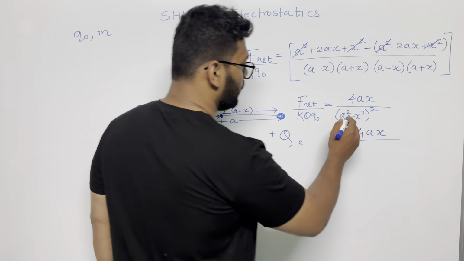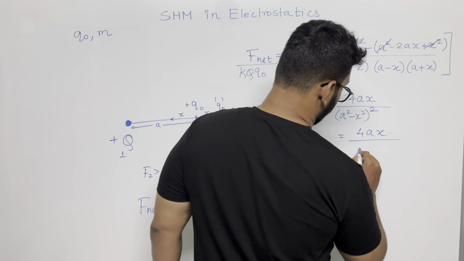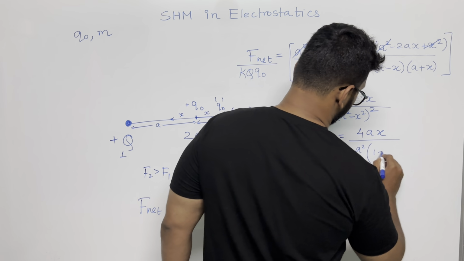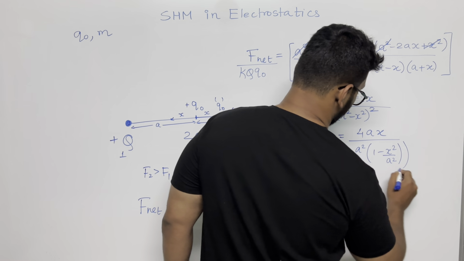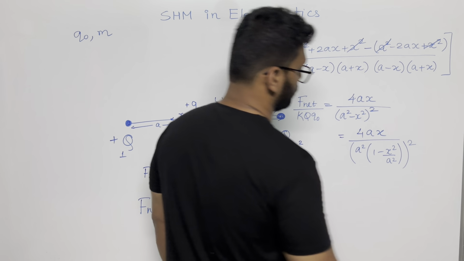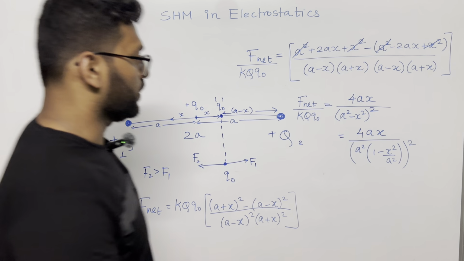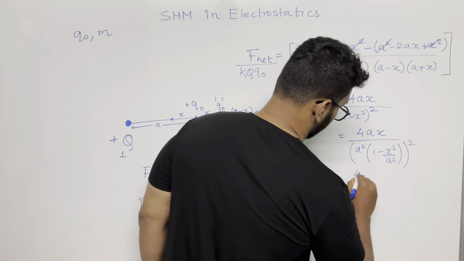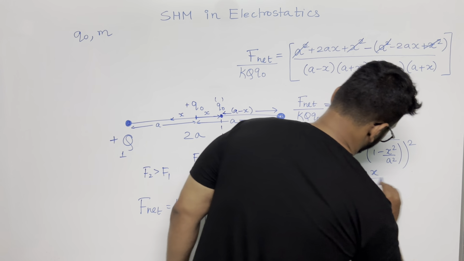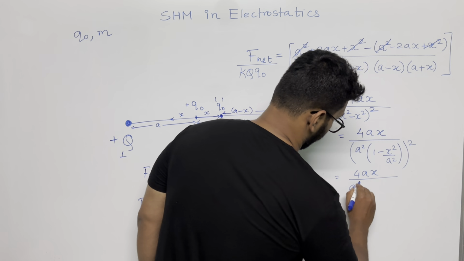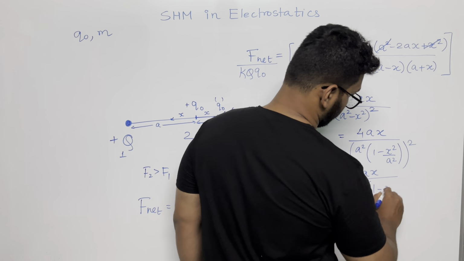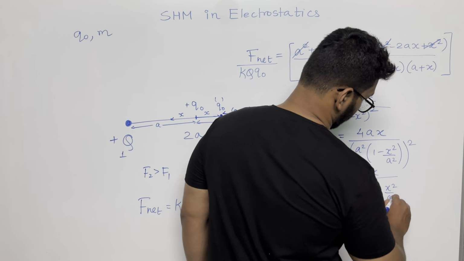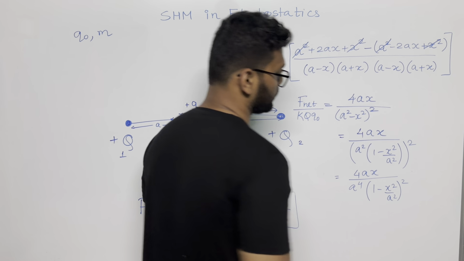Sorry for that. So if I take a square common from here, it will be 1 minus x square by a square to the power 2, right? Okay, so now this will become 4ax divided by a to the power 4 into 1 minus x square by a square to the power 2.